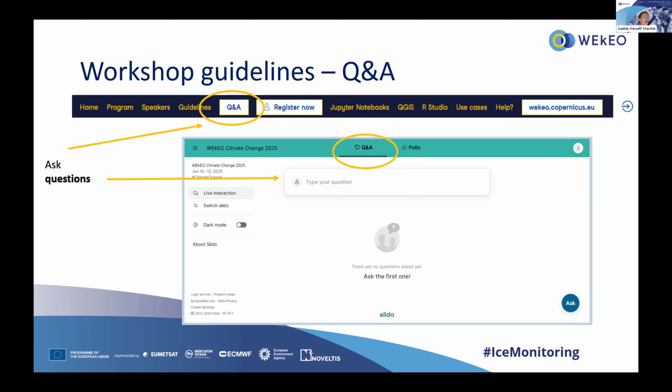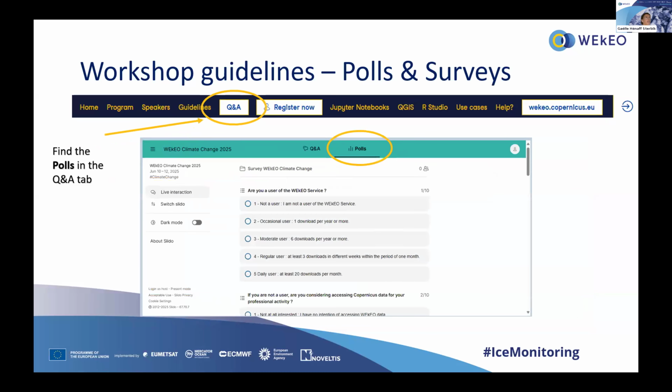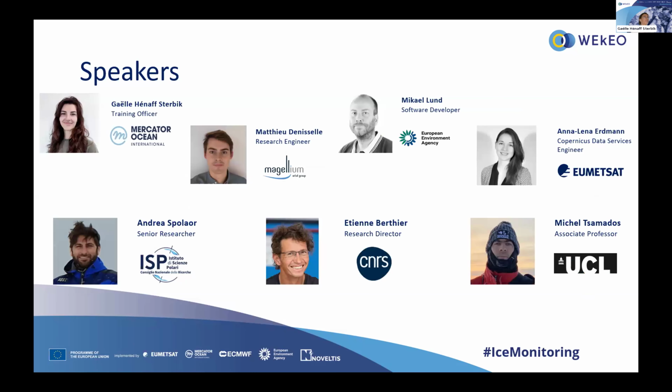And concerning the agenda of today, we will have plenty of presentations. We will start with an introduction to the WEkEO service, so I will give you that. And then we will have a presentation of the Copernicus Pan-European Ice Products by Mathieu Denisel from Magelium, a service provider of EEA.